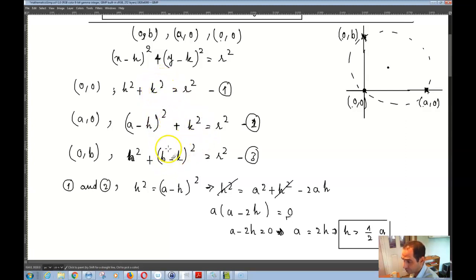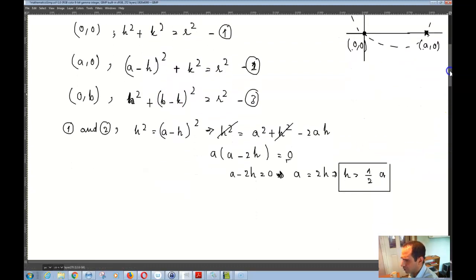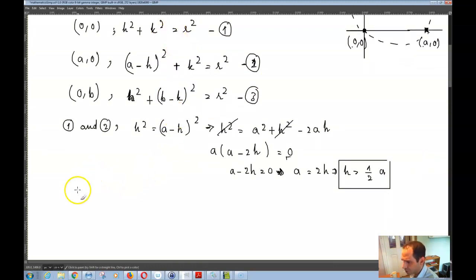Meaning that if you compare these two equations 1 and 3, what you will get is that basically you have r squared over here, you have h squared over here, so you can write k squared is equal to b minus k whole squared.